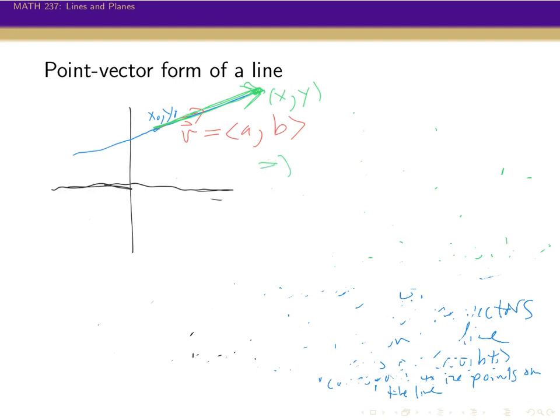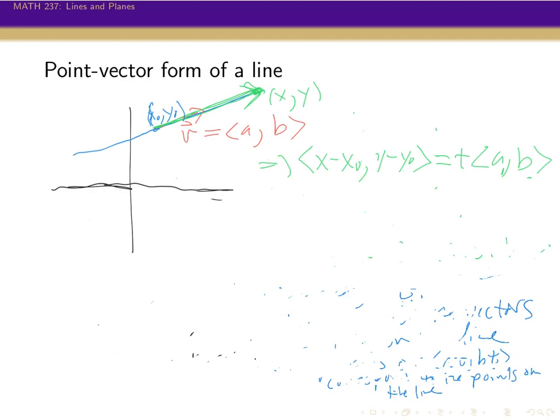So we see that this vector, its initial point is x naught, y naught. Its terminal point is x, y. So that vector there is going to be x minus x naught, y minus y naught. And that's going to have to be some multiple of a, b, same as we saw before.